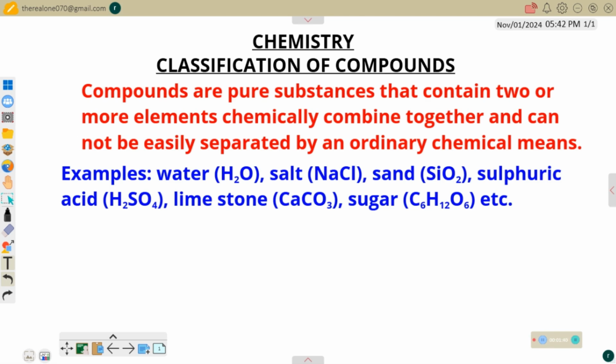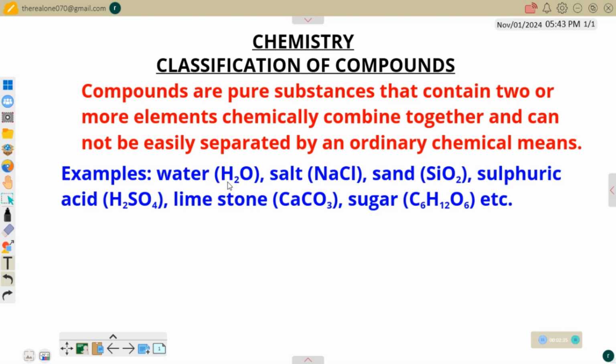You can see that generally all compounds have a chemical formula, starting with example one here, which is water, H2O, salt, NaCl, etc. Each compound is made up of two or more elements, and the elements are chemically combined in such a way that they cannot be split by ordinary chemical means, because they have been chemically combined to form just a single unit which behaves like one, because the property of the resulting compound is different from the property of the constituent elements.